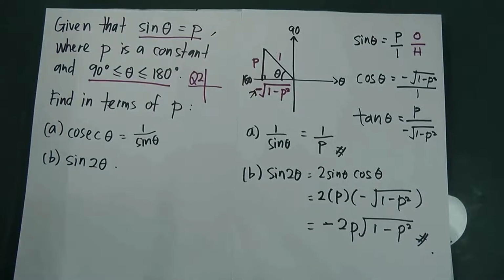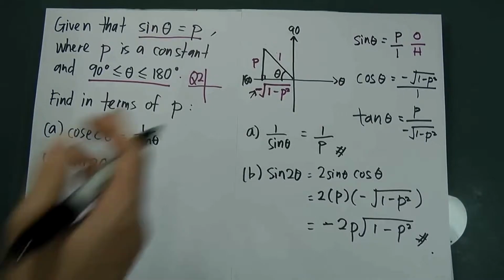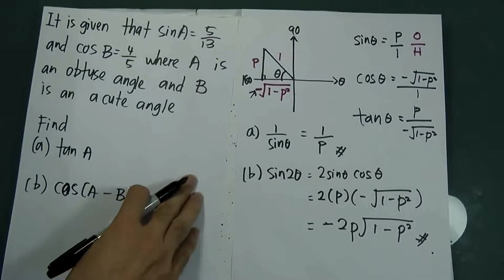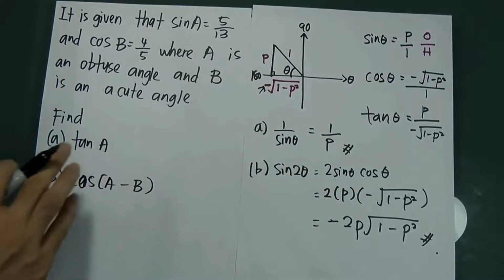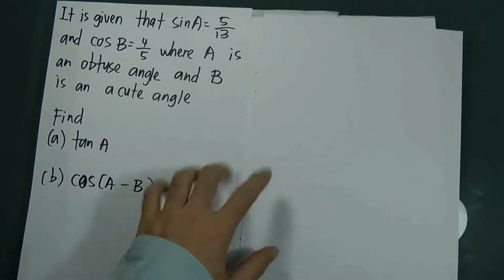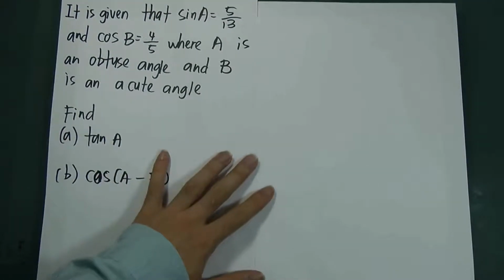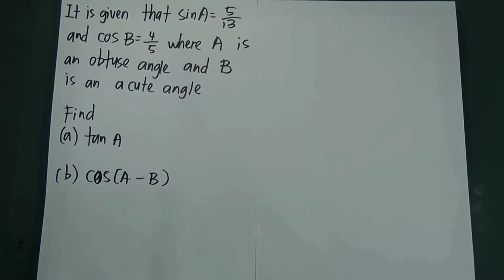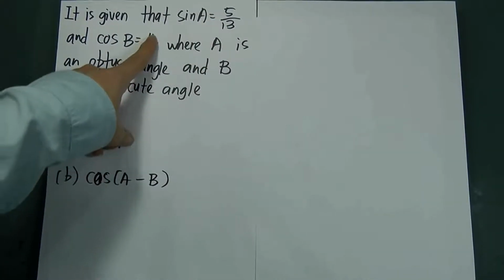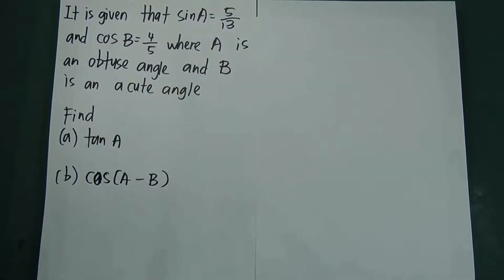Okay, if okay then we go to the second question. The second question can help you understand better how to draw this triangle. It says it's given that sine A equals 5 over 13 and cos B equals 4 over 5, where A is the obtuse angle and B is the acute angle.